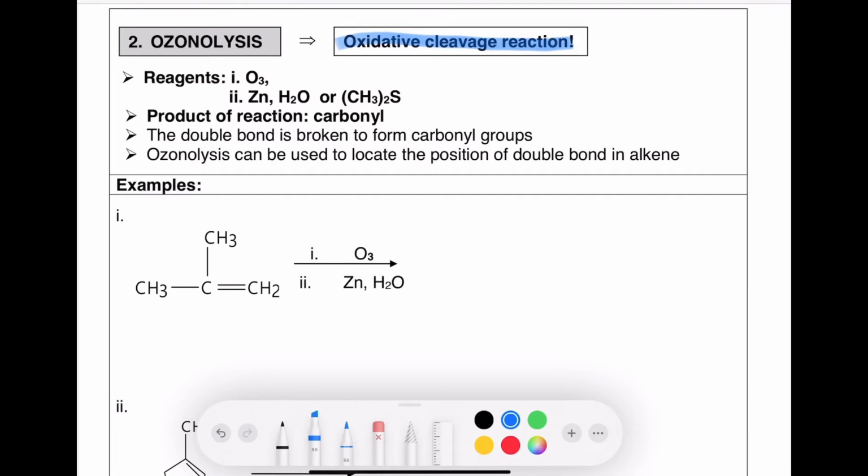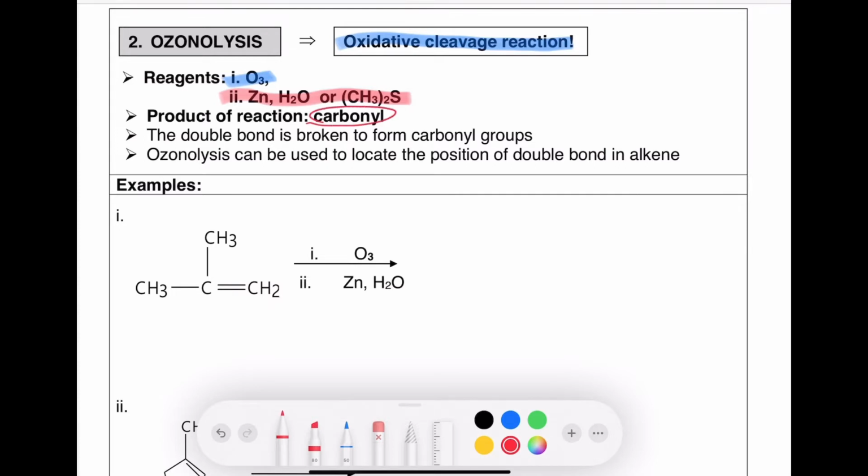For this reaction, the reagent needed is first ozone. So what will happen? Alkene will react with ozone first to produce the first intermediate. And after that, the intermediate will react with zinc and water. And the product of this reaction is carbonyl.